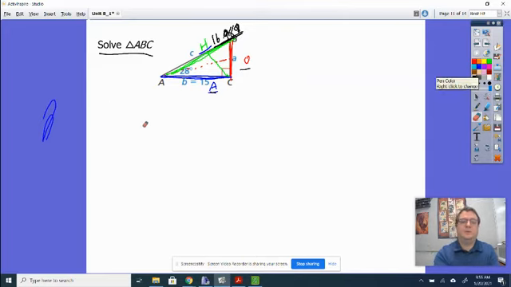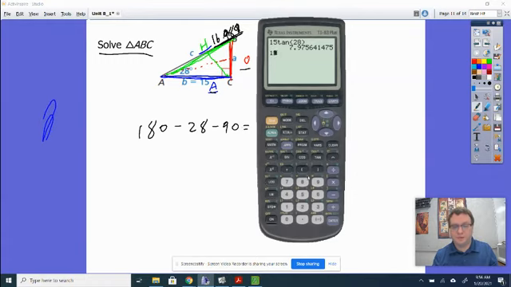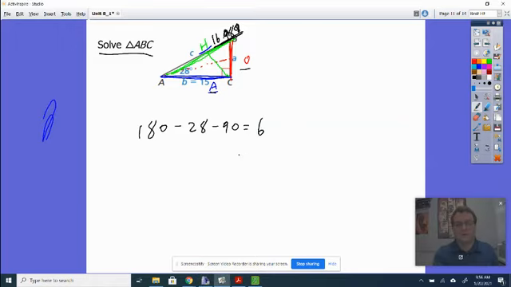So what I can do is say 180 degrees minus the angle I know minus this 90-degree angle. 180 minus 90 minus 28, doesn't really matter which order you put them in. So my last one's going to be 62 degrees.